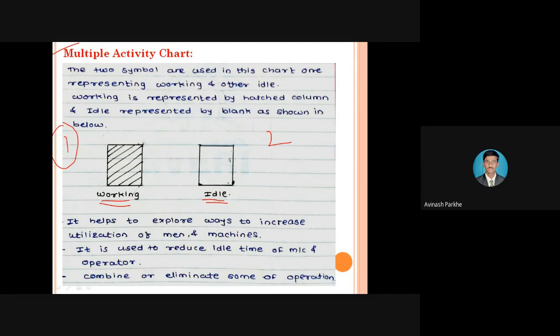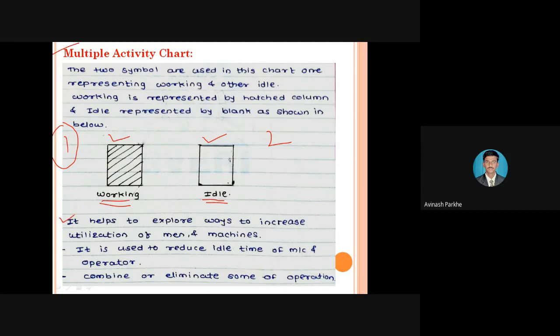So to handle a single machine, how many workers are required, that data you will also get from this multiple activity chart. Therefore, these are the two very important symbols. Working means a rectangle with hatching lines, and the second symbol, the blank rectangle, means either your operator is idle or your machine is idle. Okay.